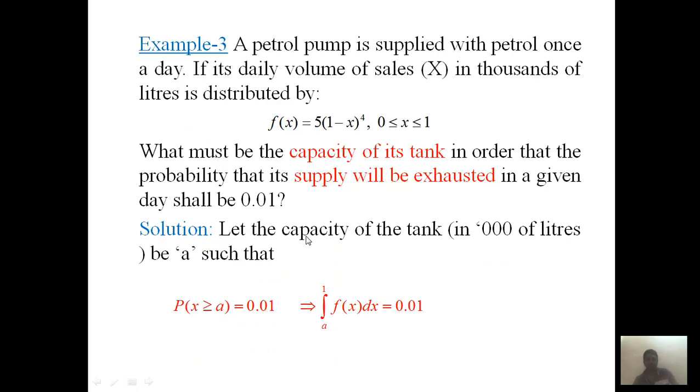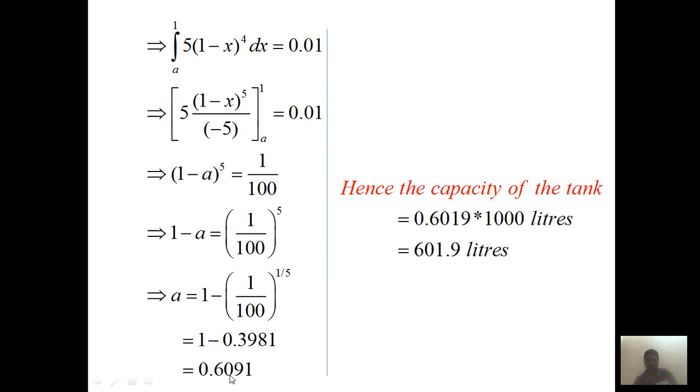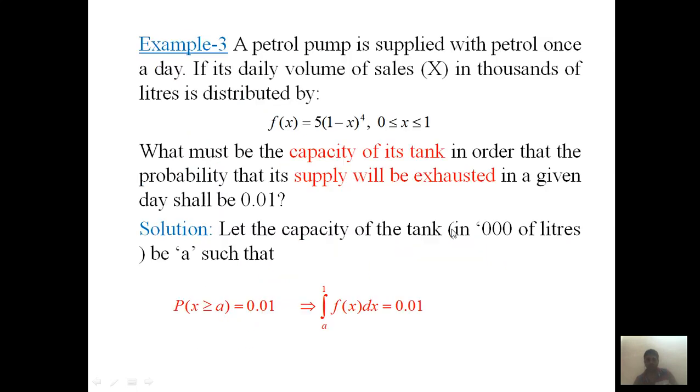Here we assumed that the capacity of the tank is A, and we have to find the value of A. Hence the capacity of the tank is 0.6019, that is the value of A. But we assumed the capacity is in thousands, so we multiply by 1000.